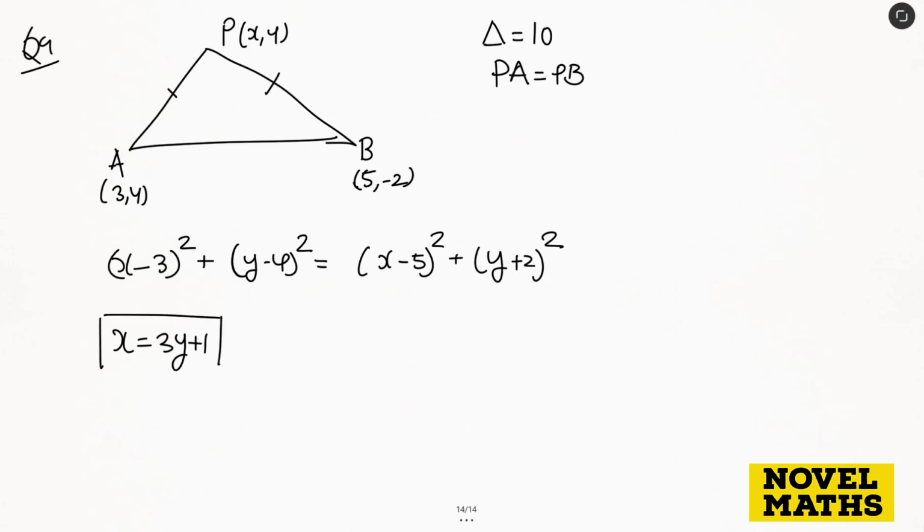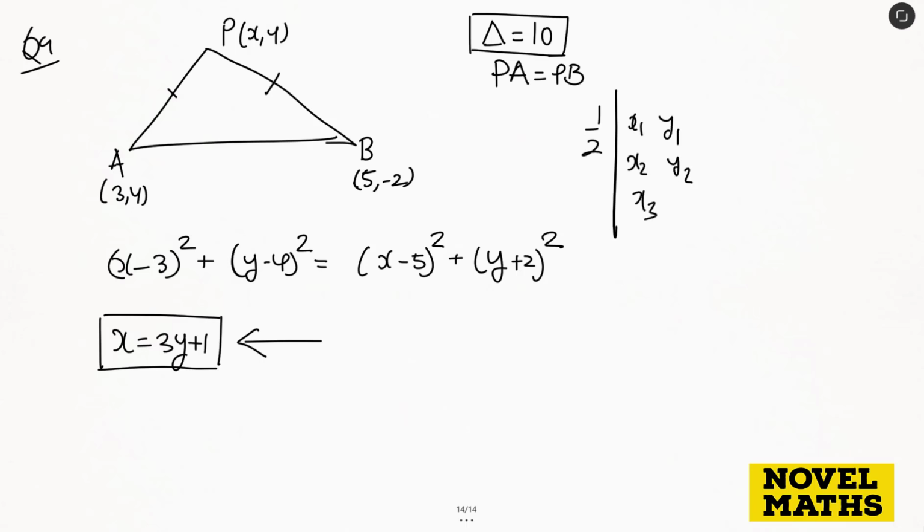Okay, what else after this? We simplified. What is the next step? We have to figure out the value of p, right? How to figure out the value of p? Using area, right? But to apply this formula, mod of this equals whatever 10, right?